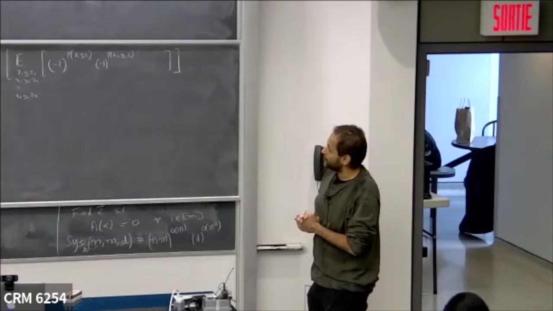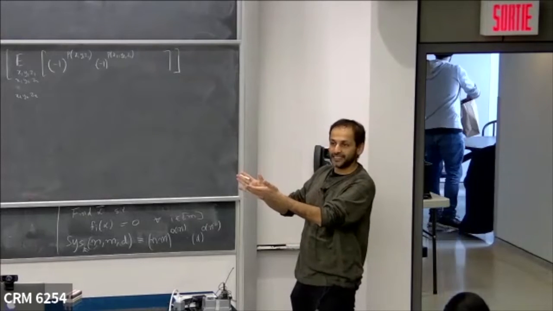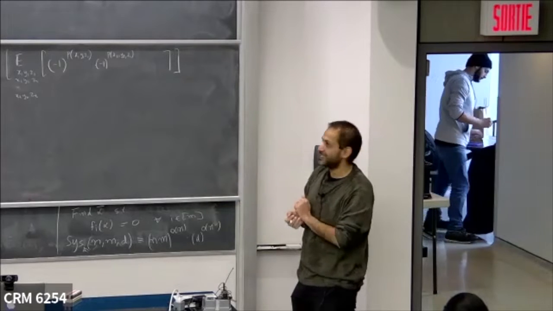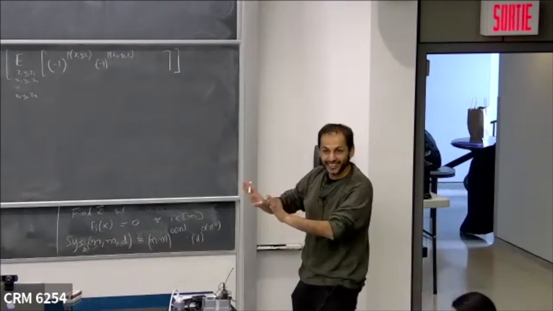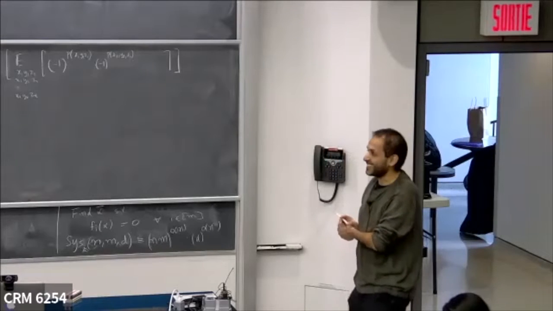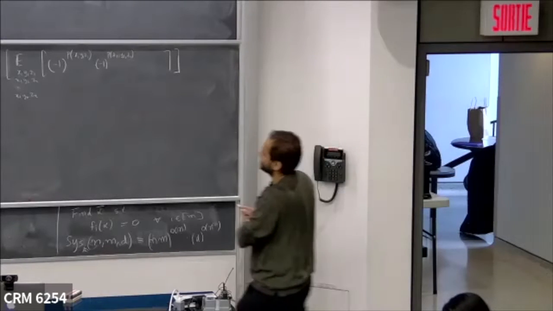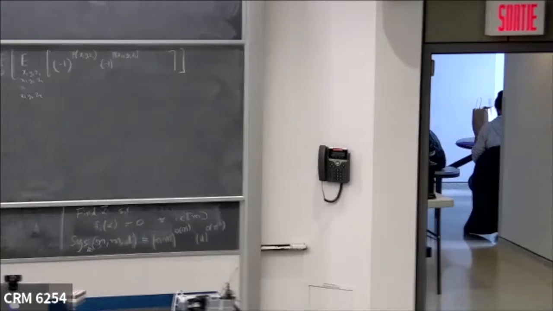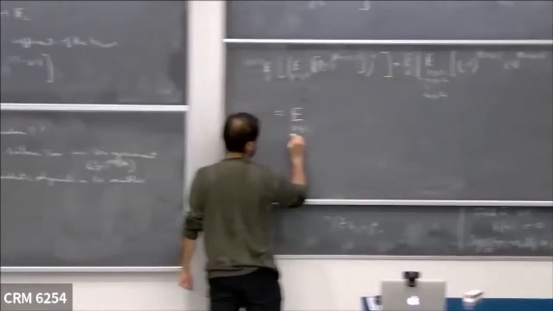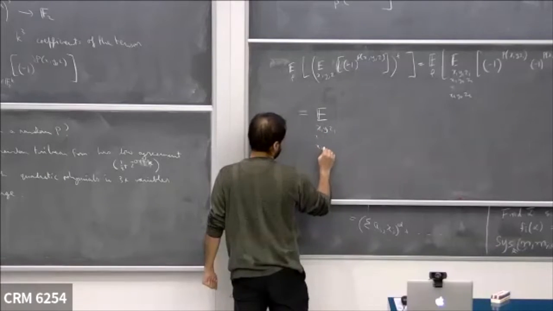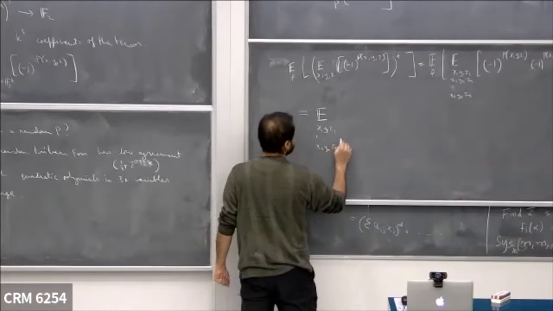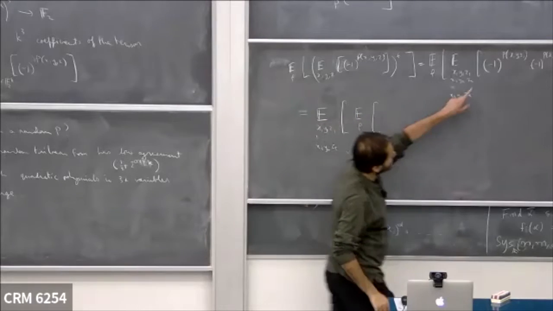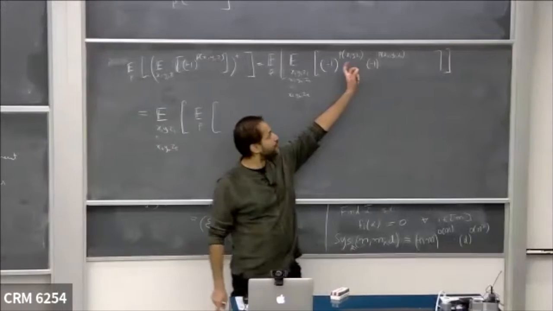When you see two consecutive expectations, the first thing you should do is just swap them. So we swap them, and we get the expectation over X1, Y1, Z1, and so on to XT, YT, ZT, of the expectation over P of, let me interpret this a bit, P of X1, Y1, Z1.